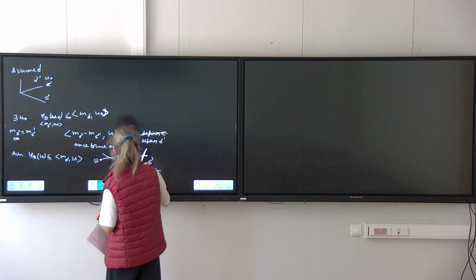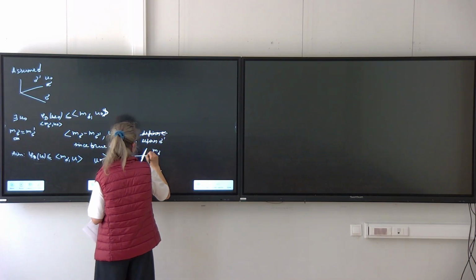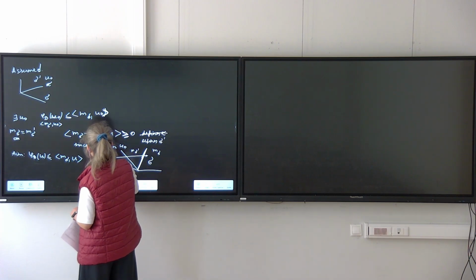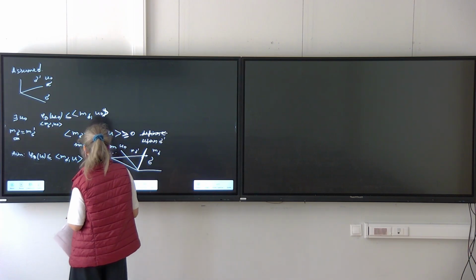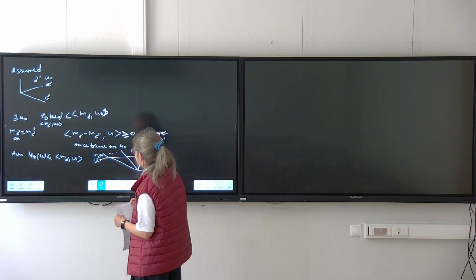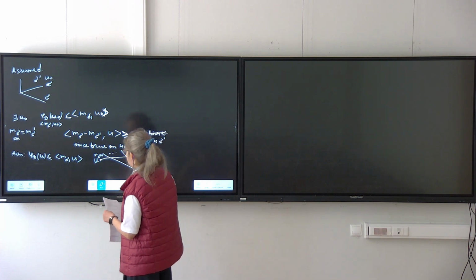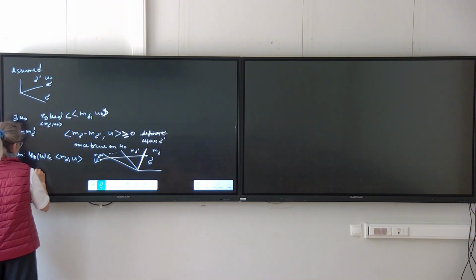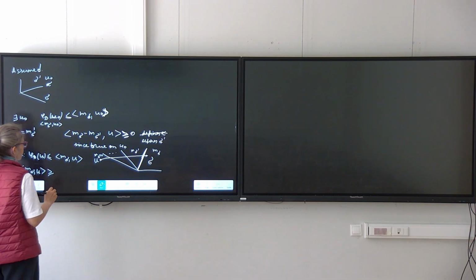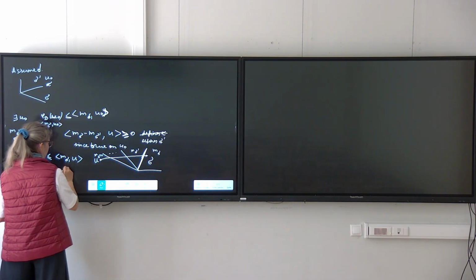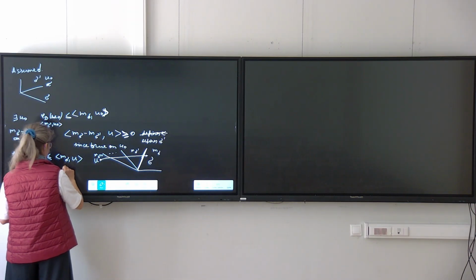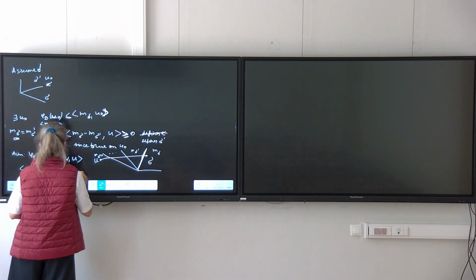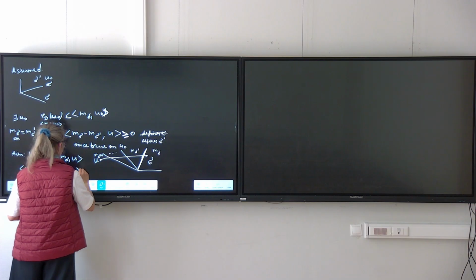So we have m sigma here, m sigma prime here, etc. Some m sigma here. And in the same way, we say that m sigma u will be greater or equal than m sigma prime u, and so on.